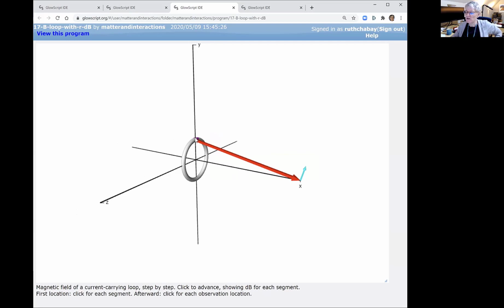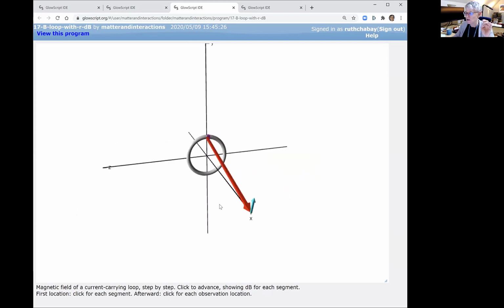But let's say the wires connecting it to a battery are going, say, up or down in such a way, both of them, that they're very close together and they contribute almost nothing to a magnetic field here. So we're really only interested in the magnetic field made by the loop itself.